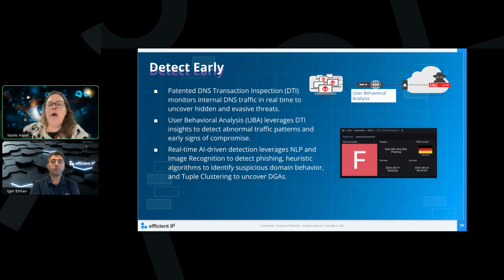And there we use some AI technologies like NLP, image recognition, and heuristic analytics to spot phishing, suspicious domains, DGAs, and more. Together, all these capabilities deliver a very early and very accurate detection that can stop the attacks at a very early stage when the damage is still relatively low.